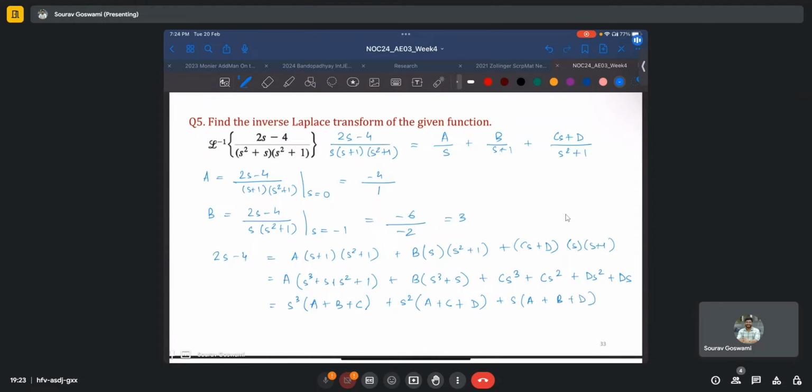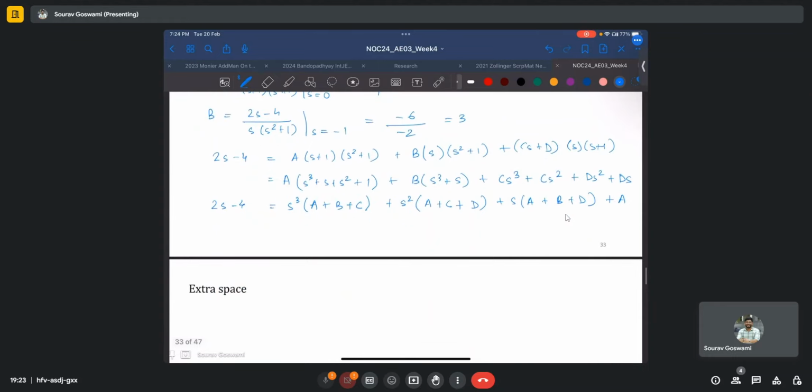And the only constant term is a. Now we compare the coefficients of terms on the LHS and RHS.